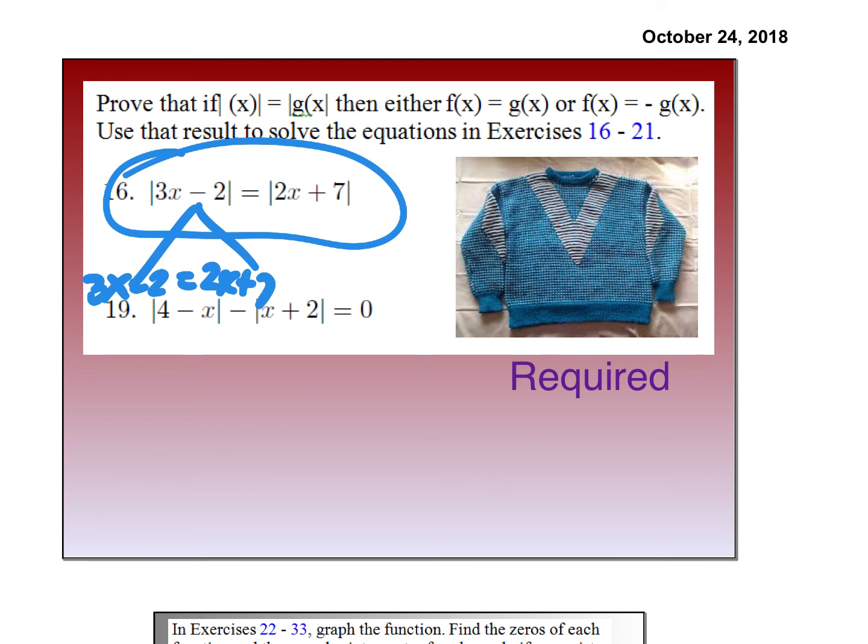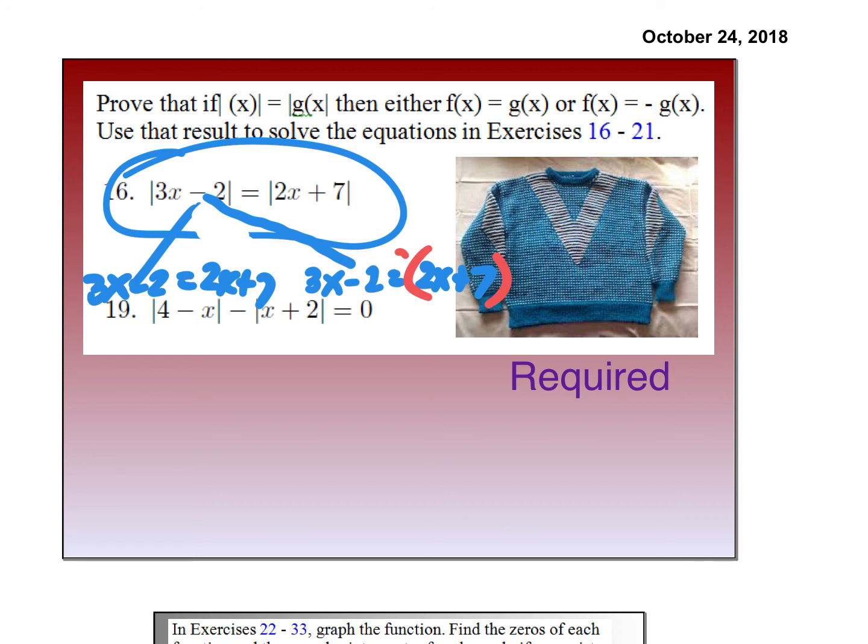Remember, the first one you make is just exactly what you see, but without the absolute value bars, right? And the second one you would make would be 3x minus 2 is equal to negative (2x plus 7), with a negative in the front, and it gets distributed.